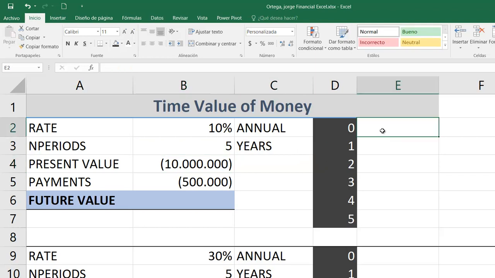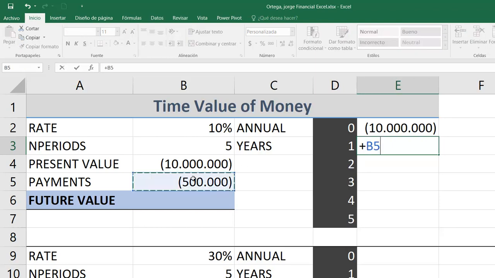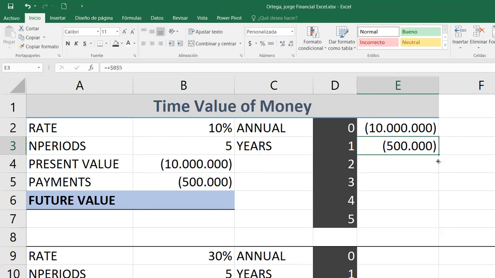And here the initial investment into, let's say, a saving account that produces the 10% is 10 million. And here it says that there are payments of 500,000, which means that every year we put down this amount.